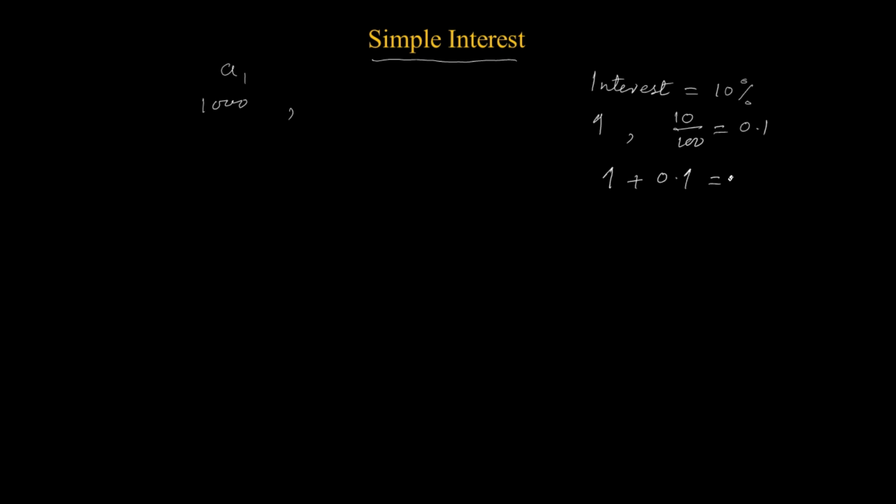So I am getting 1.1 after completion of one year. So this is my R, the ratio. So 1.1 is the ratio.